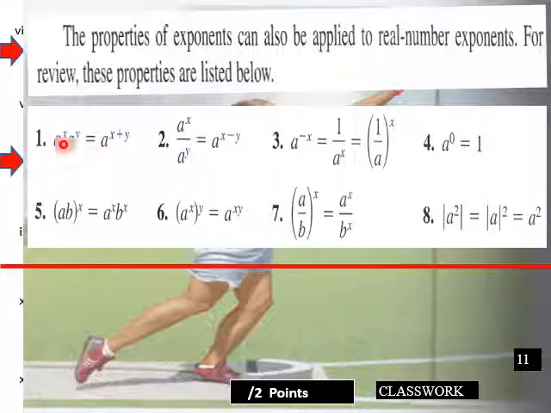We have the product of powers property, where you add exponents, and then you have your quotient property, your negative exponent property, your zero property of exponents, then you have your power of a product and power of a quotient properties, and then you have your absolute value of exponents property. You bring in your absolute value bars and put your base inside the absolute value bars.